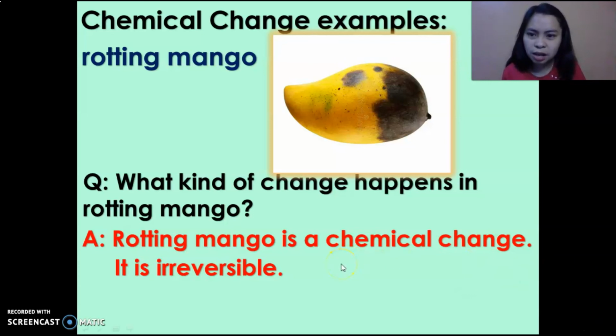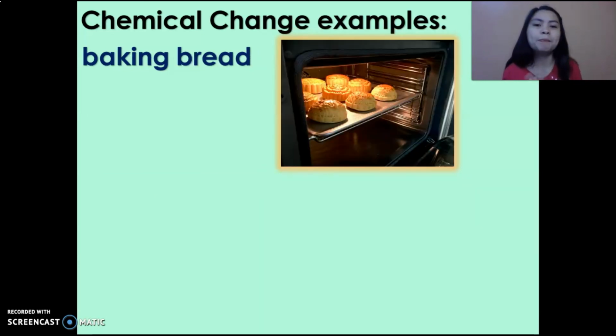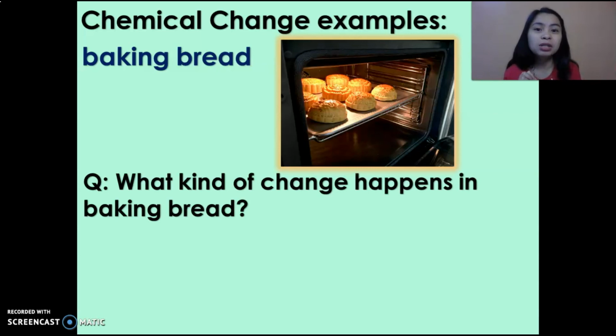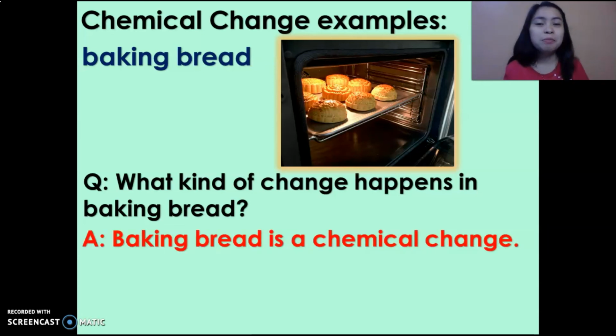I think this is the last one. Baking bread. Okay, so baking bread, what kind of change happens in baking bread? Okay, yes, baking bread is a chemical change.